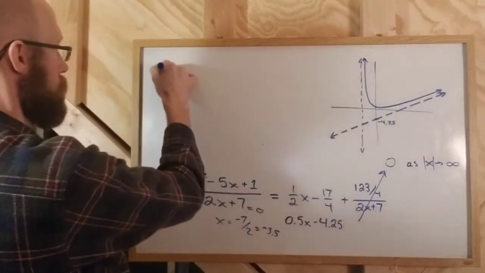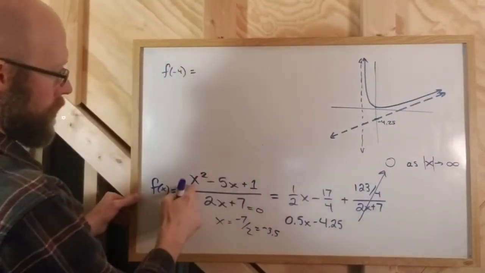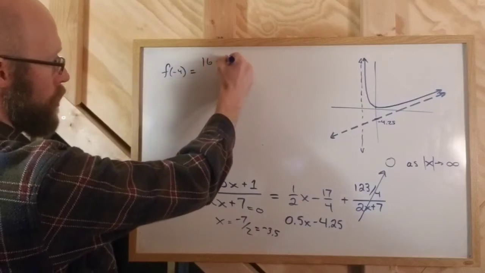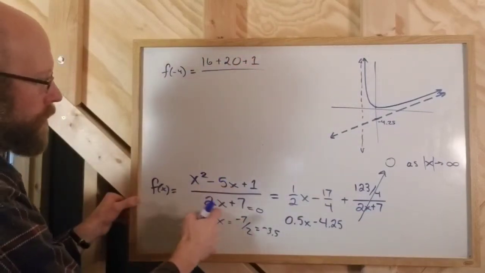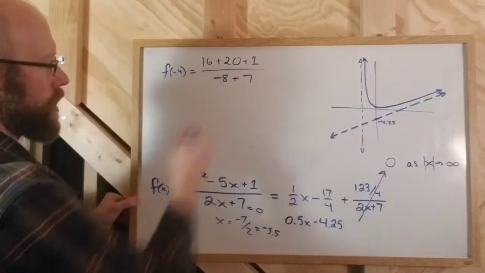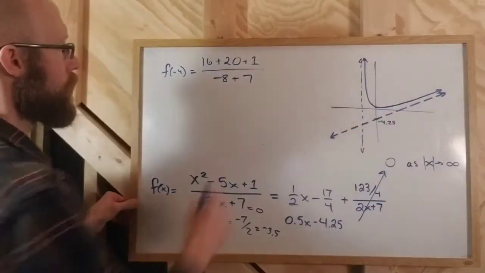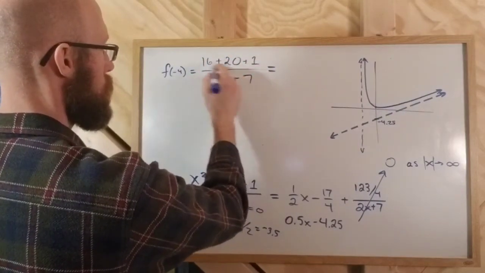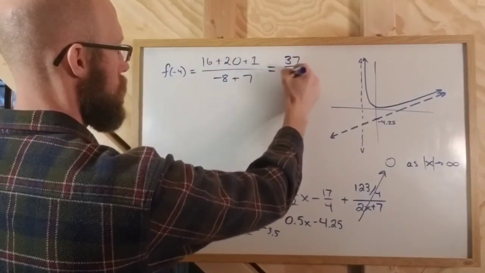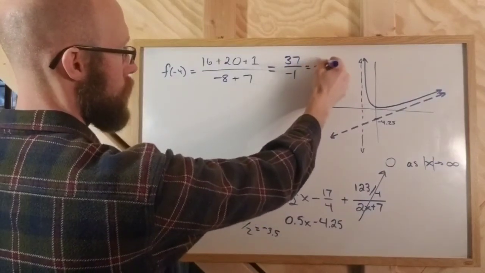So f of negative 4 is going to be 16 plus 20 plus 1. I'm going to do this quickly, plugging in negative 4. This would be negative 8 plus 7. If I calculate that, that's going to be 21 and 16 is 37 over negative 1 is negative 37.